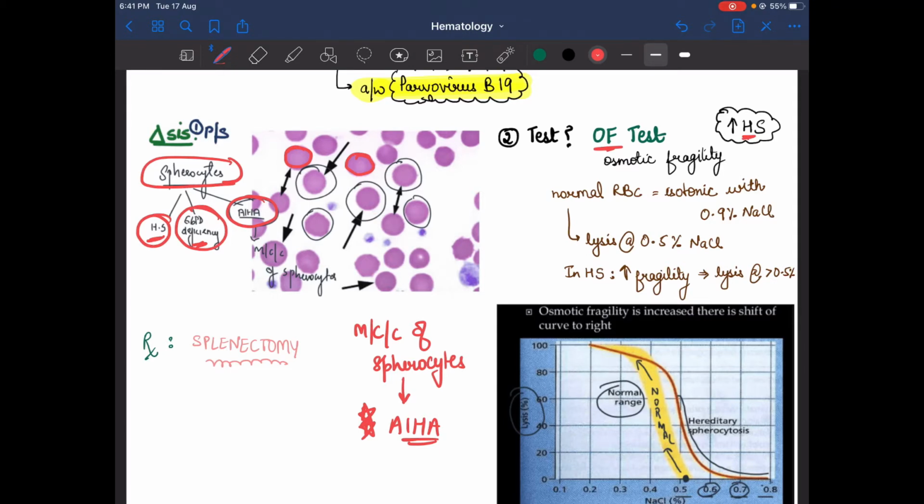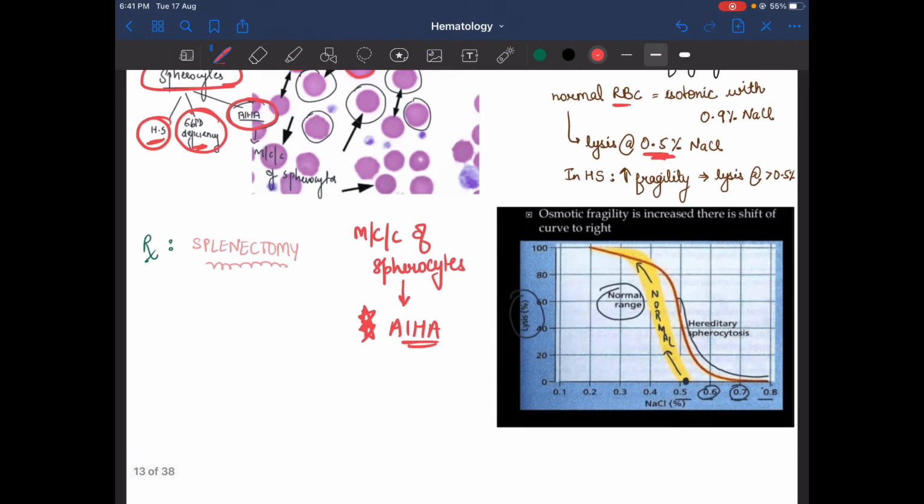Normally the RBCs are isotonic at 0.9% NaCl, but here, because their osmotic fragility is increased, they start lysis at 0.5% NaCl.